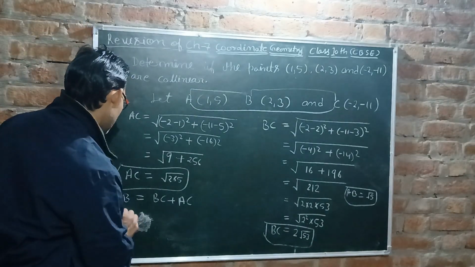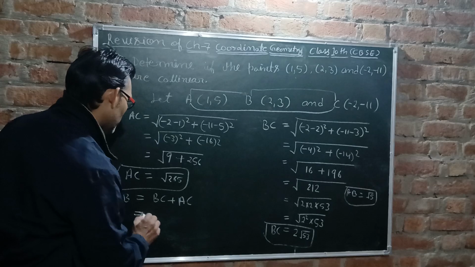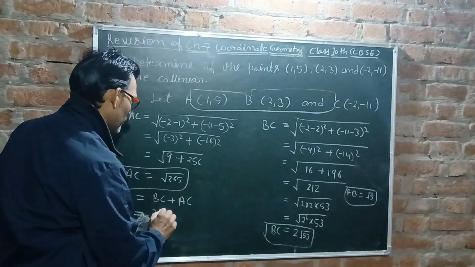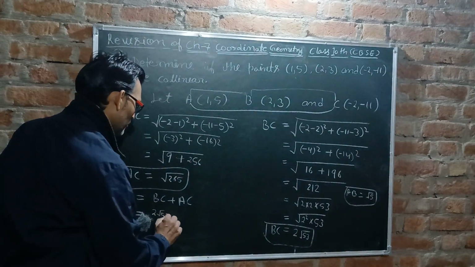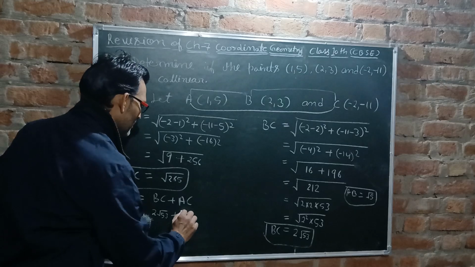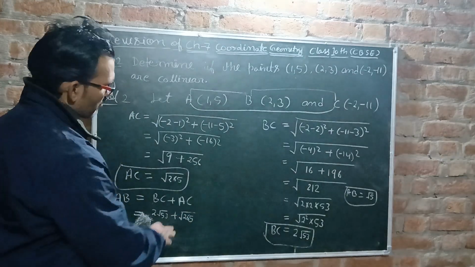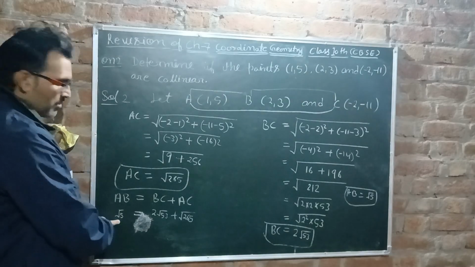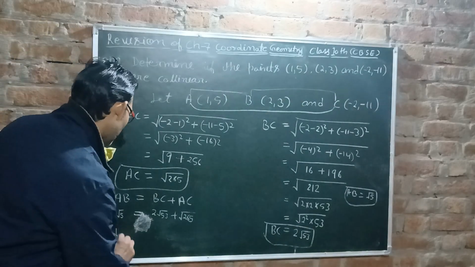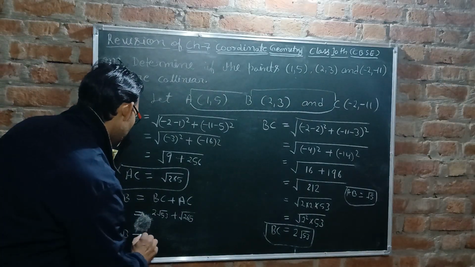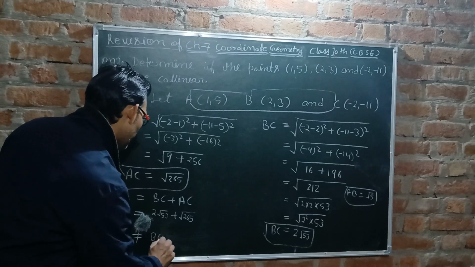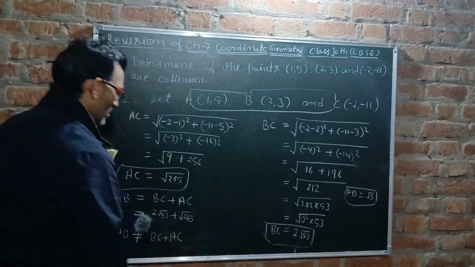Root 5 equal to BC is 2 root 53 plus AC is how much? 265. The sum of these two is not equal to root 5. So here we can write AB is not equal to BC plus AC.